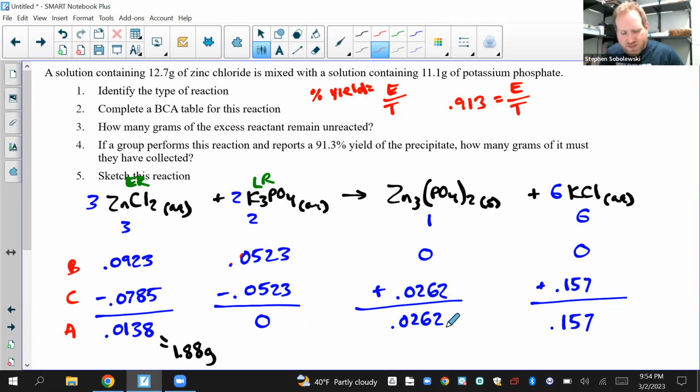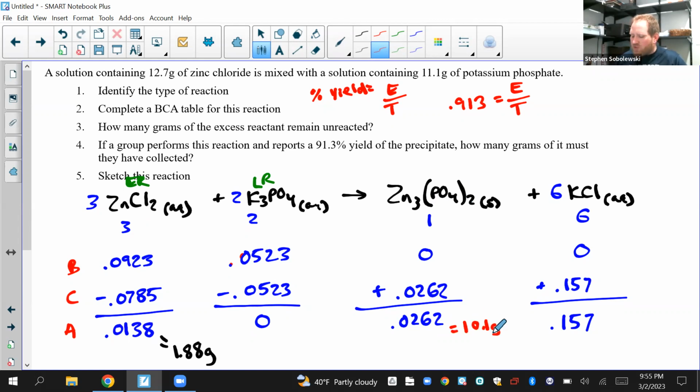All right, so I need 3 zincs, 65.39 times 3. I need 2 Ps. And I need 8 Os. That's going to be 128, yeah, 386.11. That's the molar mass of this. When I multiply that by this, that gives me 10.1 grams.